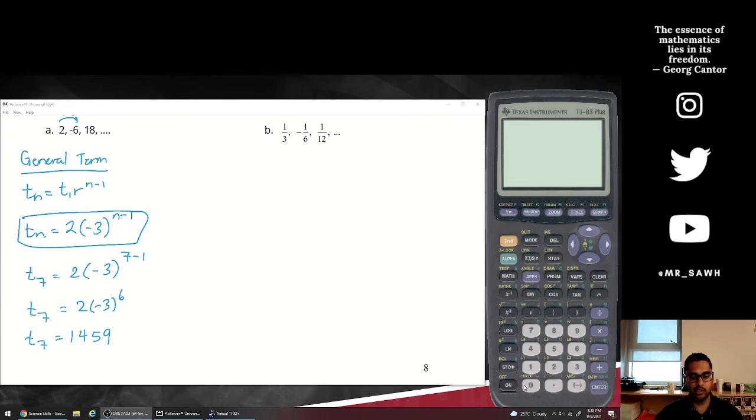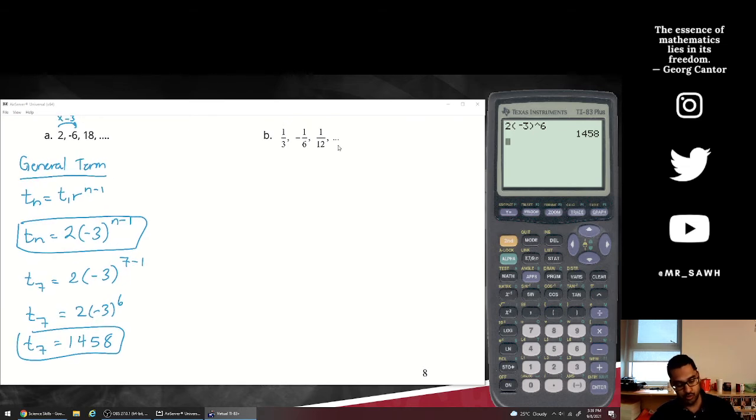Let's just check to make sure. I think I did this one earlier and it ended up being weird, so maybe I'm off by a number. Minus 3 to the power 6. Oh, 1458. See, I knew something was weird. Let's fix this. So 1458 is the value of that 7th term.